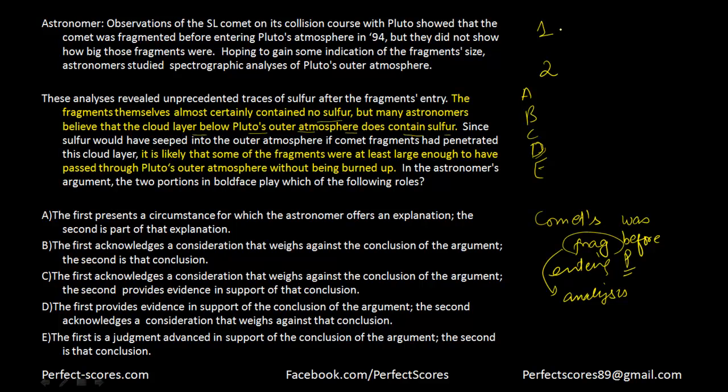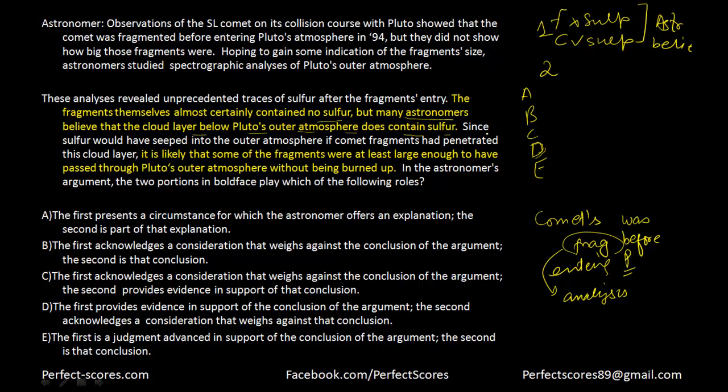So what the first statement is actually telling us is that since they found sulfur after the fragment's entry, the fragments did not contain any sulfur, but astronomers believe that the cloud layer contains sulfur. And remember, this is what the astronomers believed. It's mentioned directly, many astronomers believe.